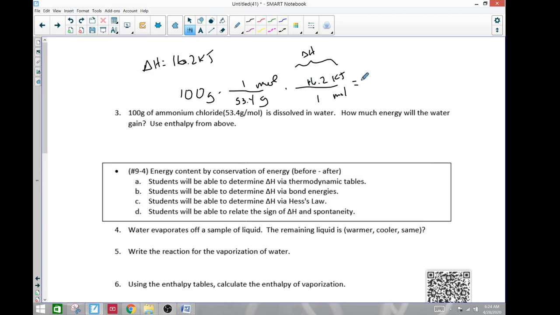And there we go. 100 divided by 53.4 times 16.2 equals 30 kilojoules of energy. 30.3, I believe, holding three sig figs. 30.3 kilojoules of energy. All right, let's go to the next one.